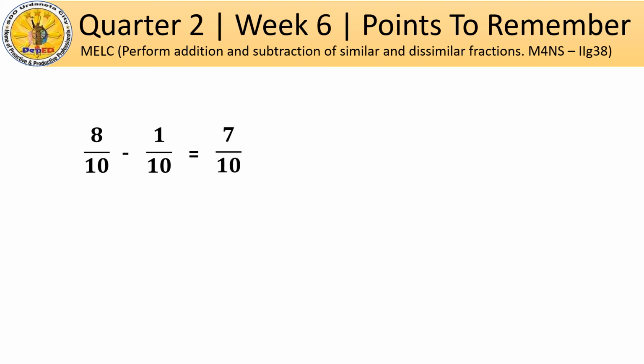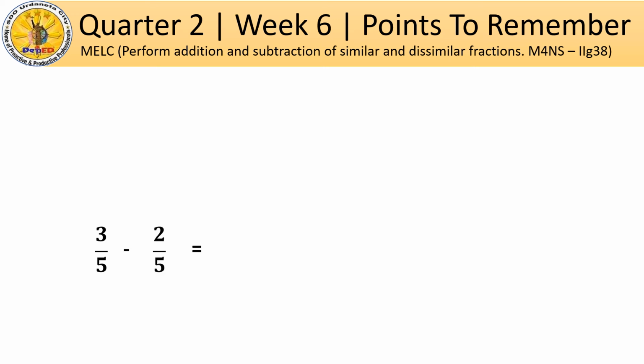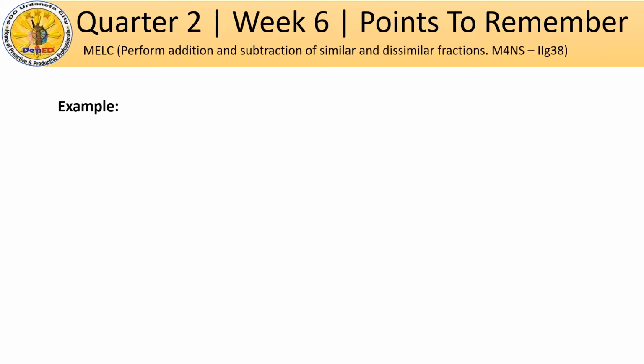So the answer is 7 over 10. Another example is 3 over 5 minus 2 over 5. Again, subtract the numerators, 3 minus 2, then copy the denominator 5. The answer is 1/5.